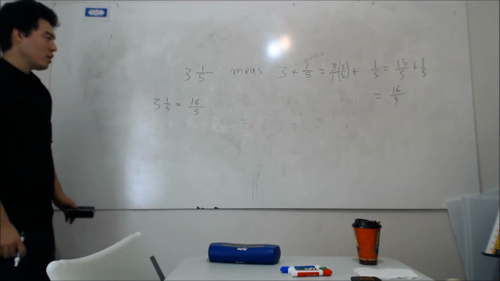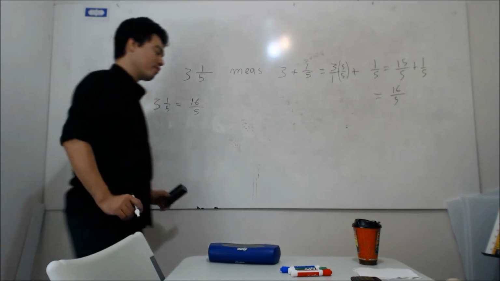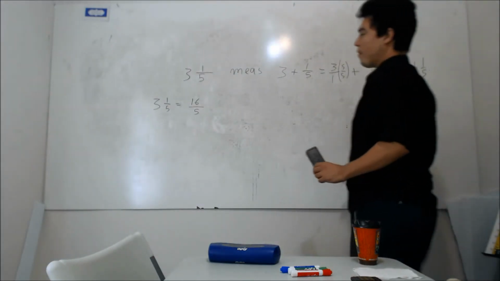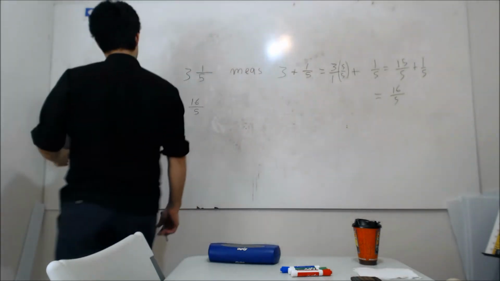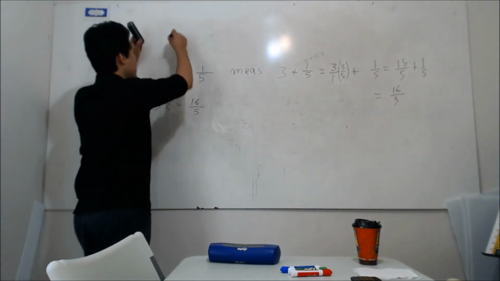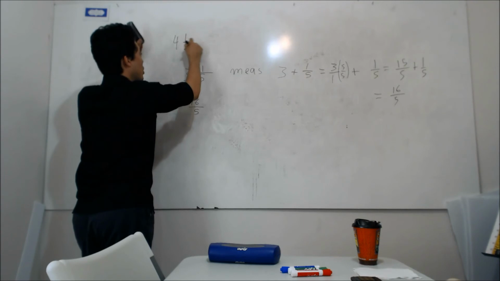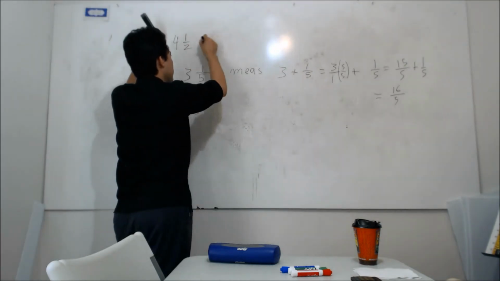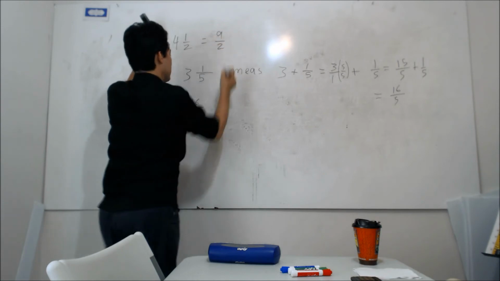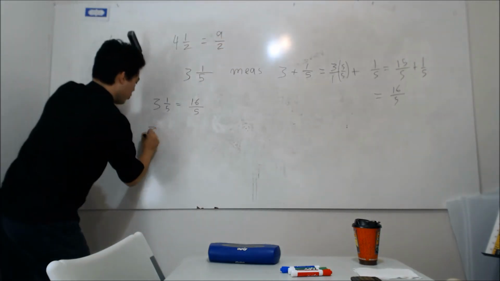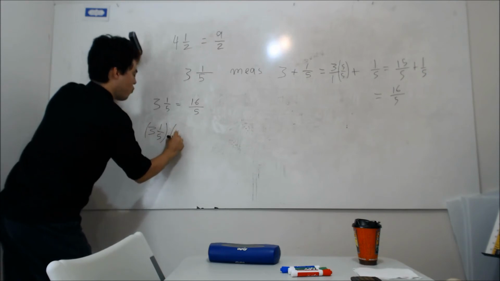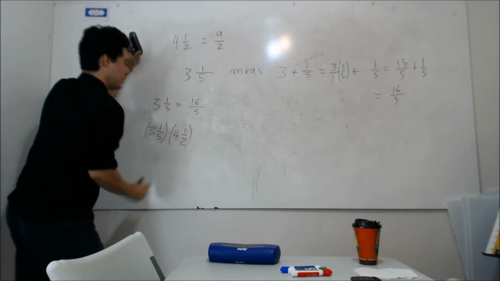That's an improper fraction. But now that we've converted it into an improper fraction, we can, if we have two mixed numbers, like let's say 4 1/2, which I'm sure you can calculate is equal to 9/2, okay? Now, if I want to multiply 3 1/5 times 4 1/2, it's very easy.